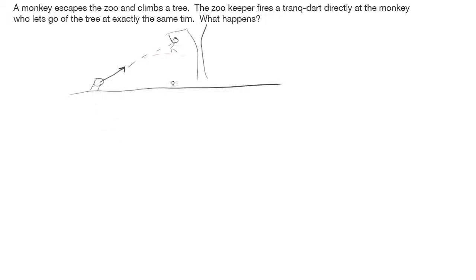The monkey is the easier one because the monkey doesn't move in the horizontal direction at all. The monkey just falls straight down, so it has no x motion at all, which reminds me to define a coordinate axis here. The dart's a little bit more complicated. It's a real projectile moving in both the x direction and the y direction. So that said, let me look at the monkey first.